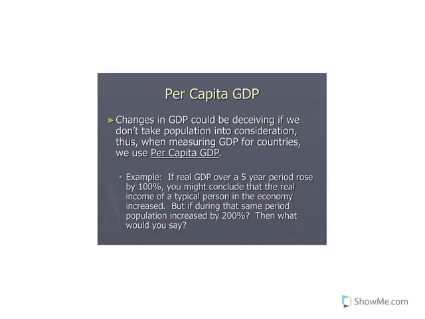You might conclude that the real income of a typical person in that economy actually increased, because if real GDP or output is increasing by 100%, that means income has increased by 100%. But what if during that same period population increased by 2,000? Then we can see that you cannot draw the conclusion that the average household income theoretically increased. So again, oftentimes when we're looking at GDP, we see it expressed on a per capita basis.